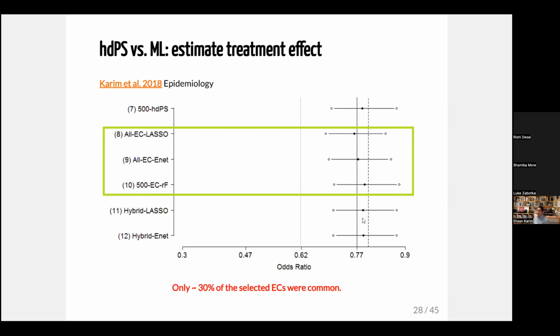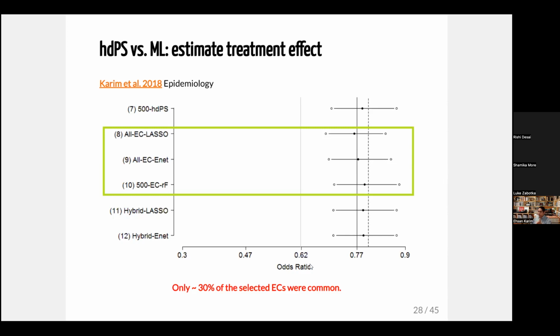So in that sense, you can say all of these estimates look very close, and without knowing the true estimate, obviously this was an observational study, we did not know the true estimate, so we had no capability to judge which method is performing better or not.